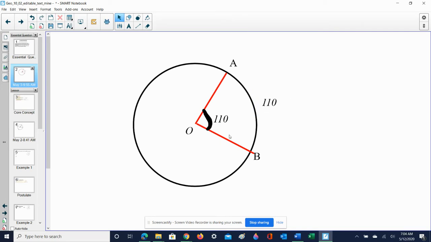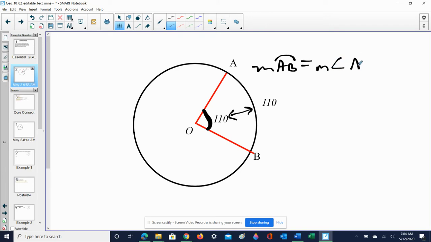A central angle is the same as the arc. Central angle means that the vertex is at the center. These two are always going to be the same measure. So the measure of arc AB is equal to the measure of angle AOB. Always the same.